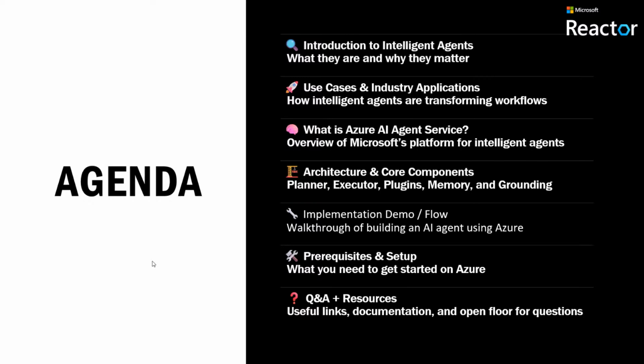Then we will see the Azure AI Agent Service, how it works and the different platforms where you can use intelligent AI, and how your architecture changes when it comes to core components like memory and grounding. Then we will see an implementation with Semantic Kernel and multi-agent AI.